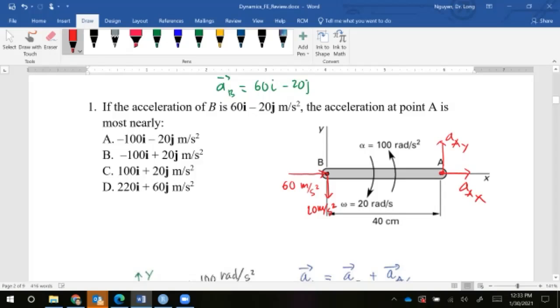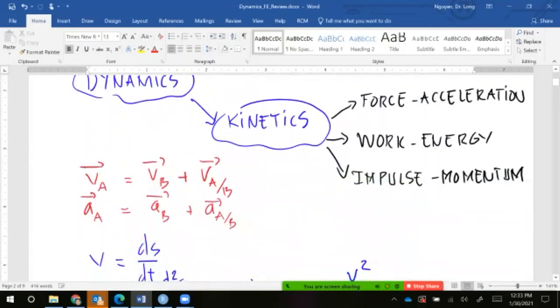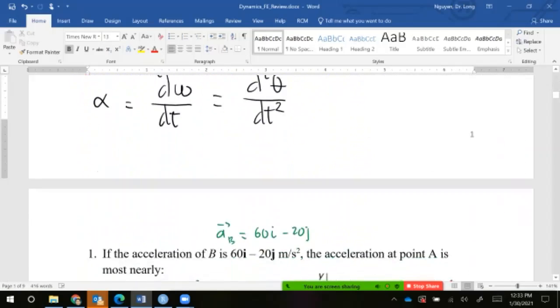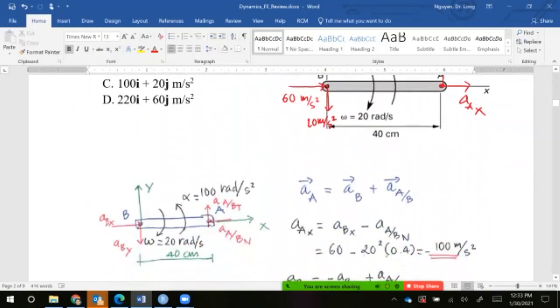Then go to the equation that I just derived earlier. We have it here: acceleration of A equals acceleration of B plus acceleration of A relative to B. Now applying that, we can rewrite the equation.